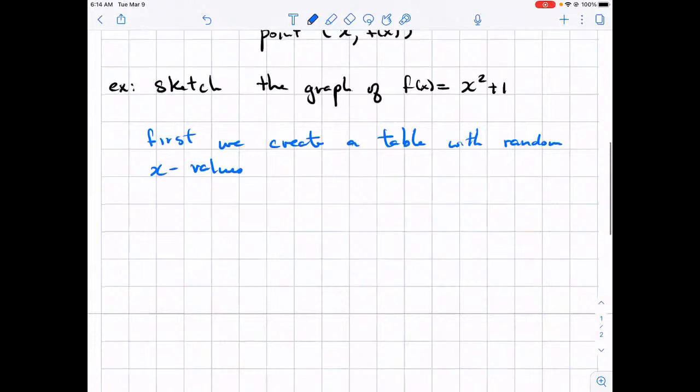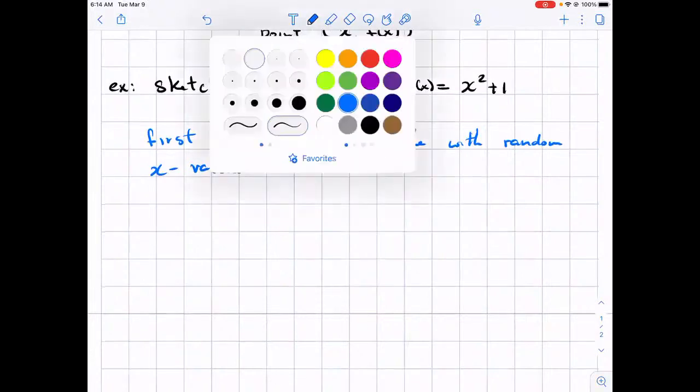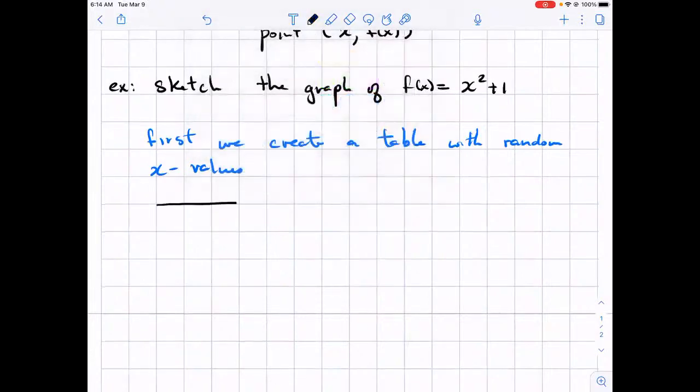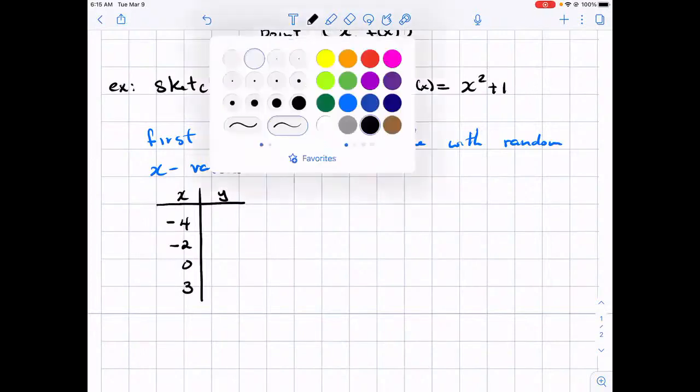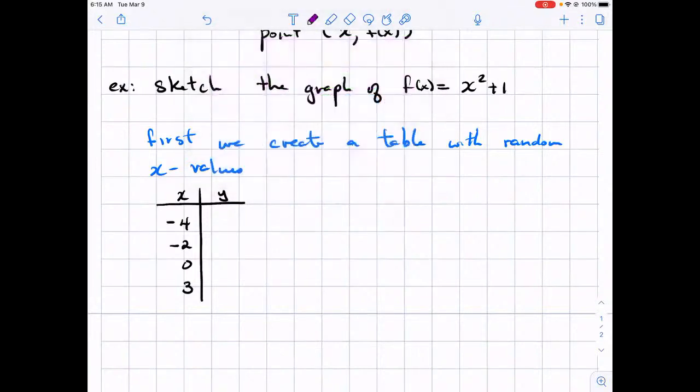So generally what we do, we make a table of x and y, and we choose some values, -4, -2, 0, and let's say 3. And the function we have is f of x is equal to x squared plus 1.